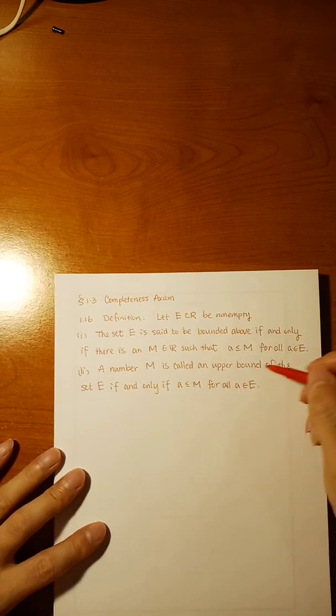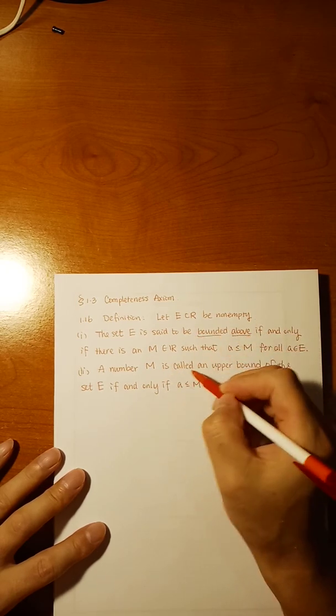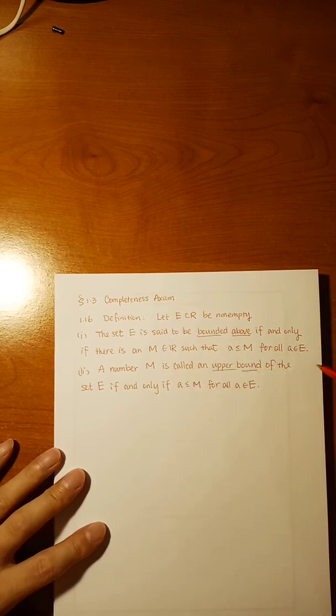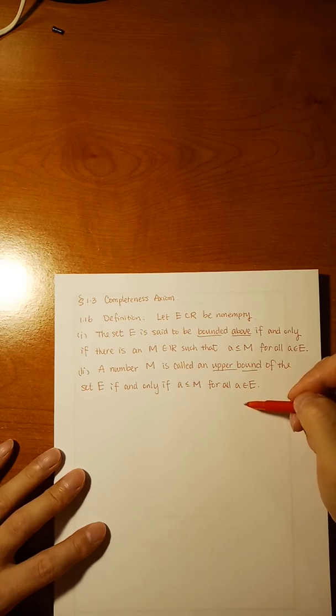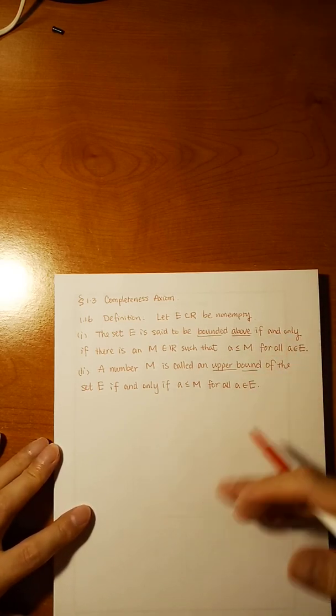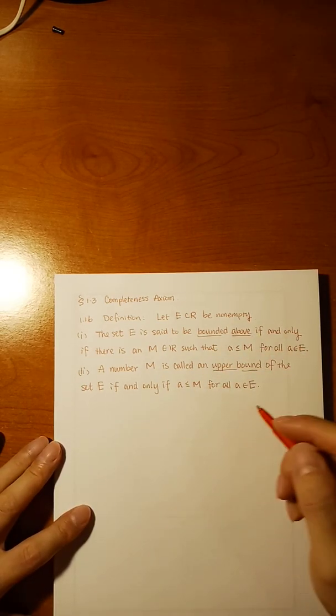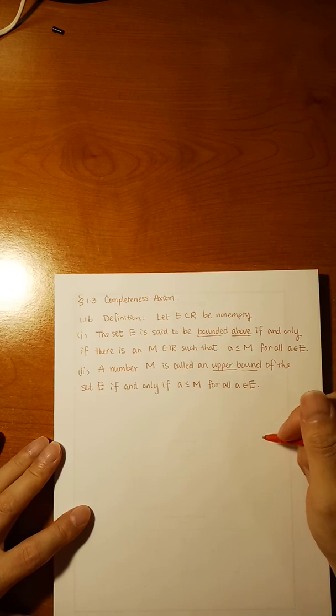For the same condition, E is called bounded above, M is called upper bound. So that's why I say it's a duplicate there. Okay, so of course you can get the counterpart, what is bounded below and the lower bound. Okay, so you can write down the definition on your own.